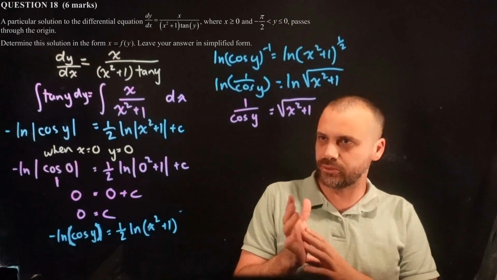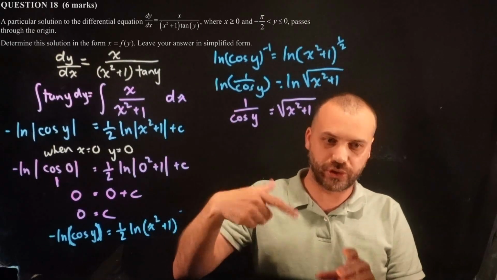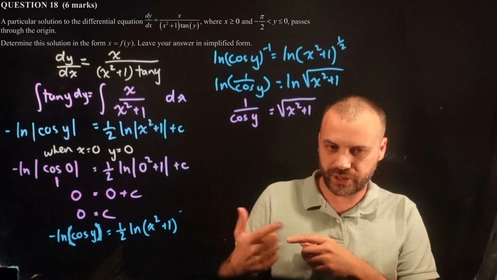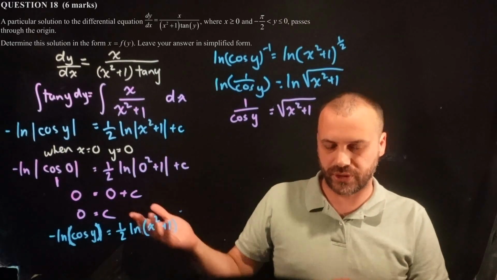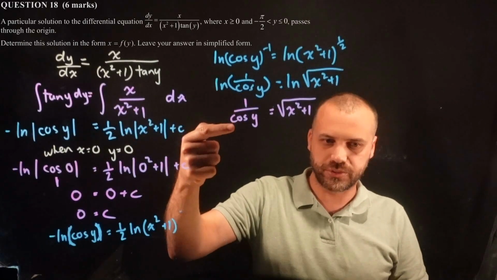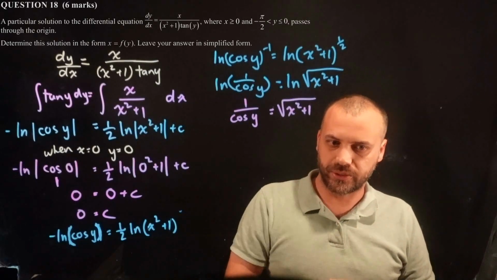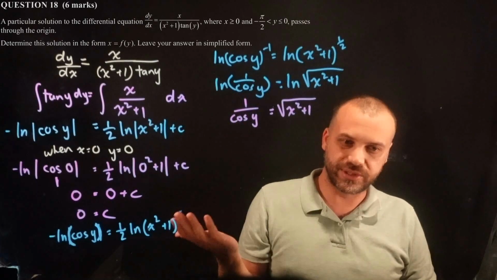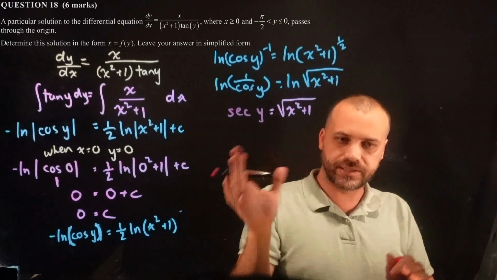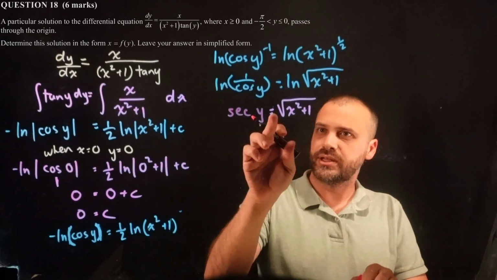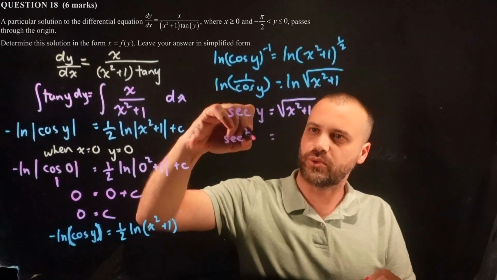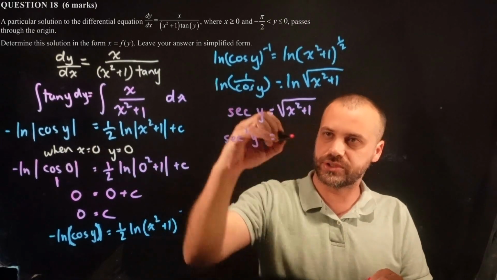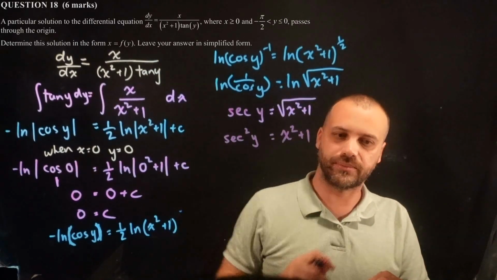Now it does seem a little bit silly to be writing 1 over cos y over and over again, because we've got reciprocal trig functions, so we should use one of those. So 1 over cos y is equal to sec y. So let's just replace that with sec y. We want to make x the subject. We're getting very close. Next thing we need to do is get rid of this square root. So we've got sec squared y, because we're squaring both sides, is equal to x squared plus 1.